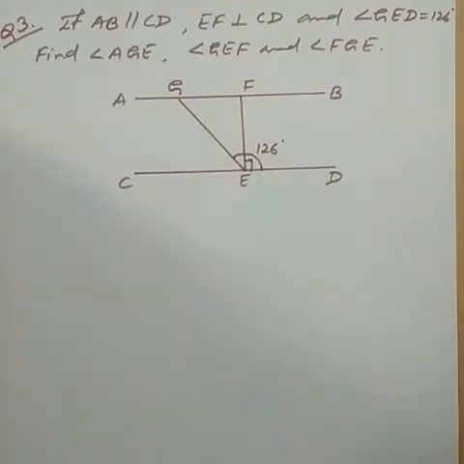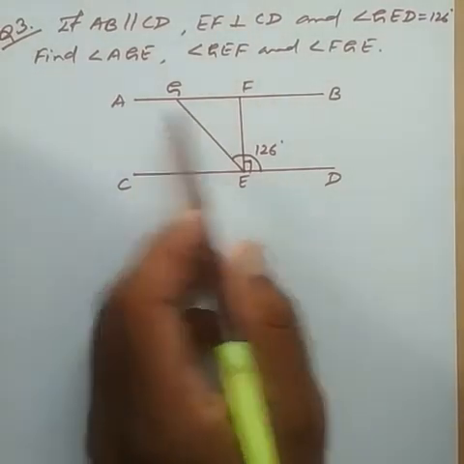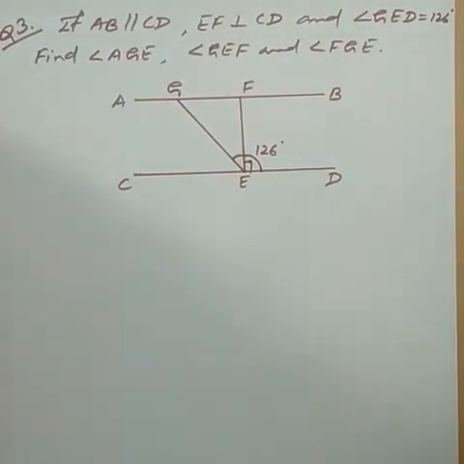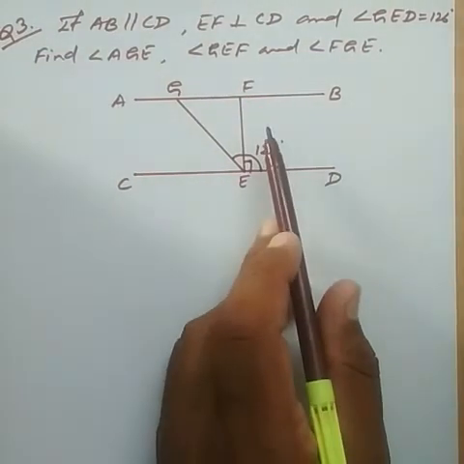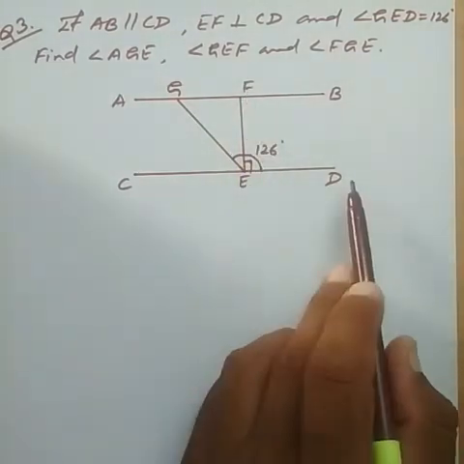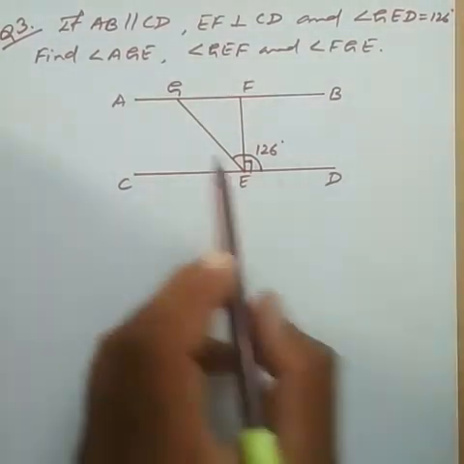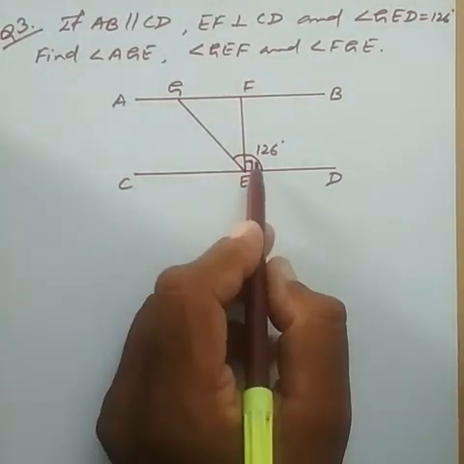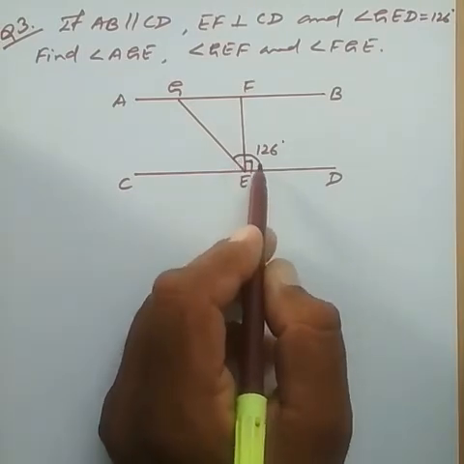In question number 3, if AB is parallel to CD, here AB and CD are parallel, EF is perpendicular to CD, then angle FED equal to 90 degrees. And angle GED is 126 degrees.